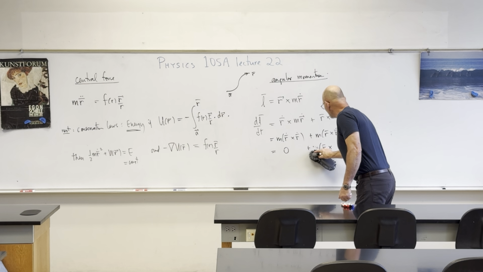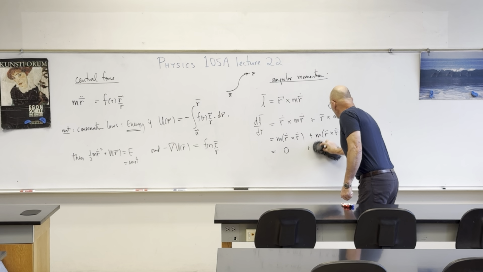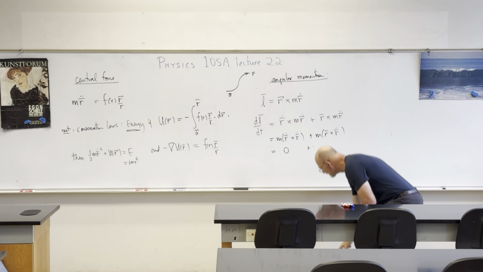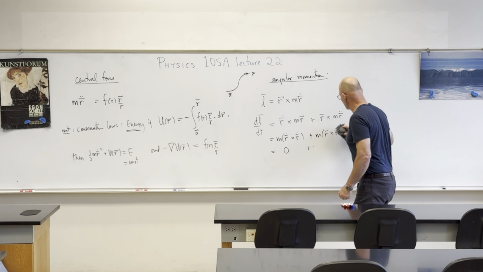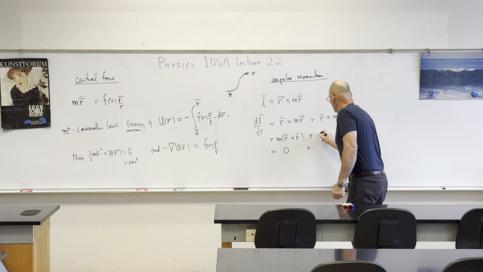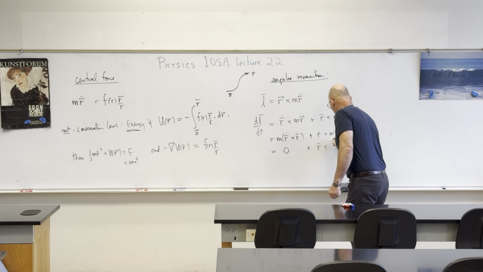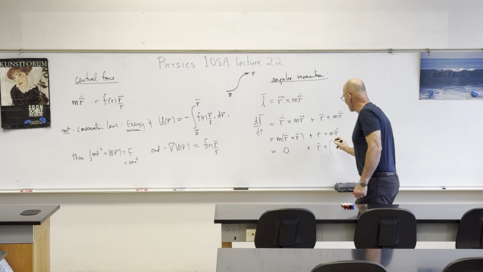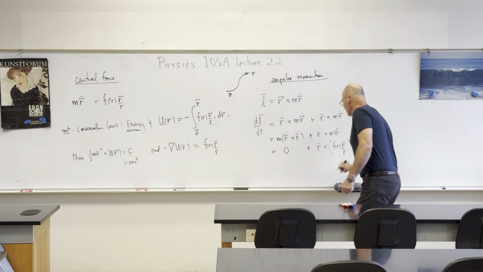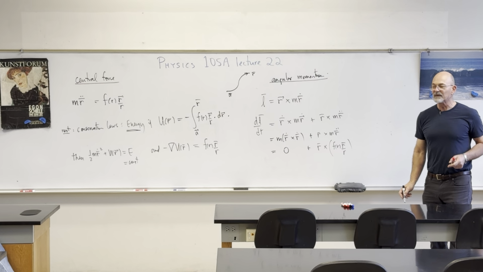Actually, why don't you pull that one out there? Shouldn't have pulled that one out. This would have been there. Let's go ahead and leave it. r cross r second derivative. r cross, because now I can say I've got f of r, that's scalar, r over r. And we have the same argument we just had.